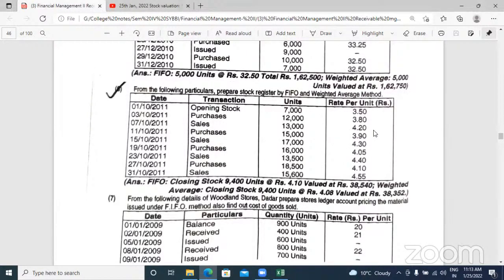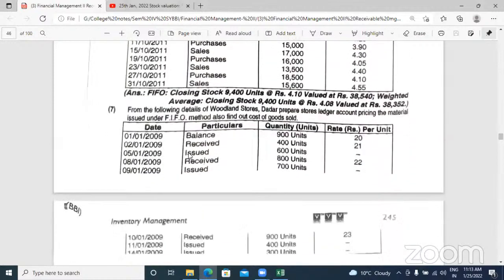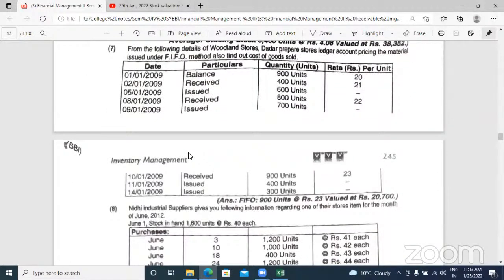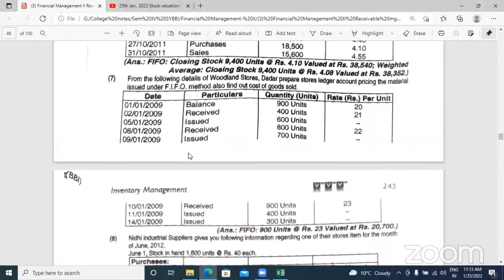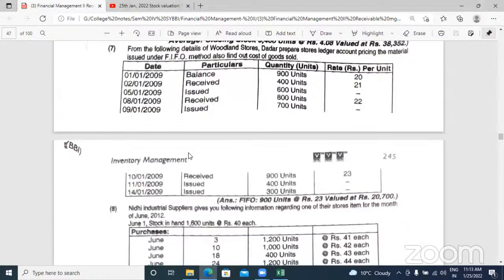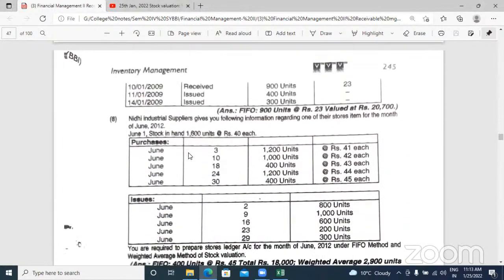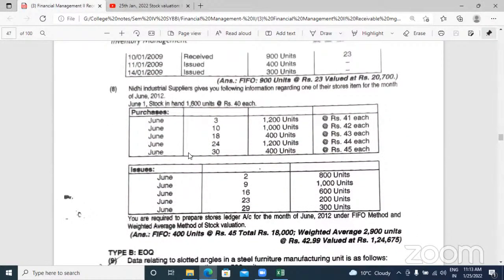You have to use FIFO method, not 4.20. So this sixth sum is homework according to FIFO method. Seventh sum is homework according to FIFO method once again. And eighth sum according to FIFO method.